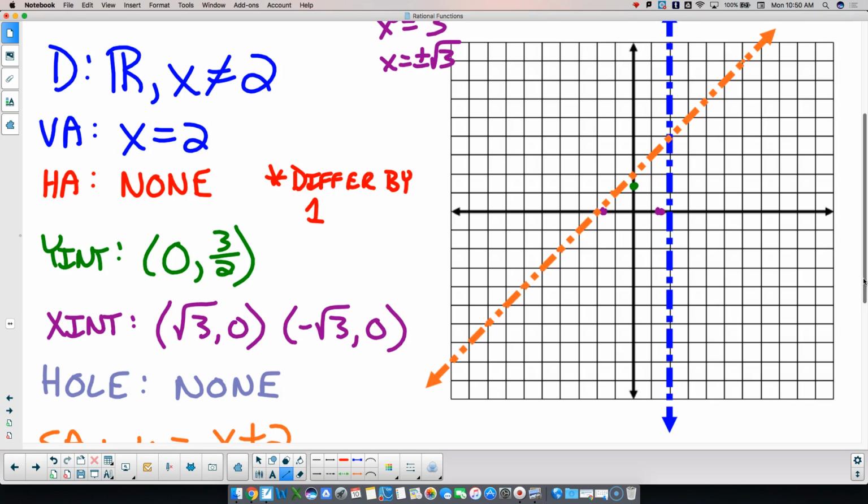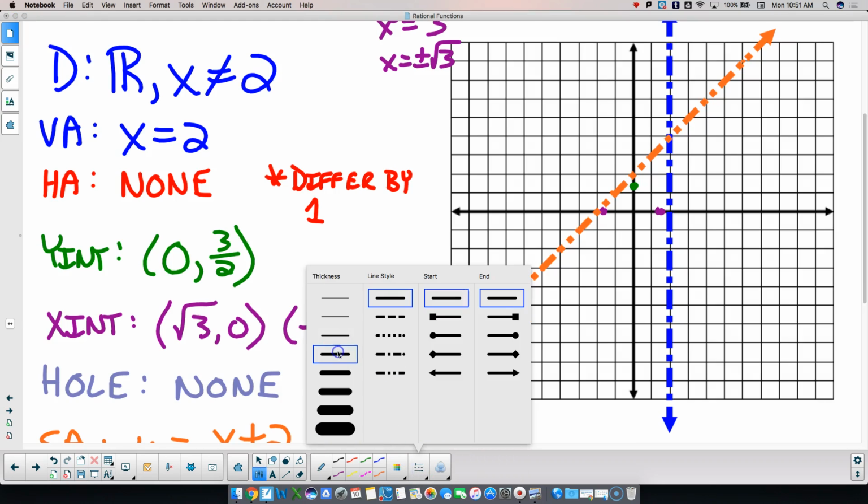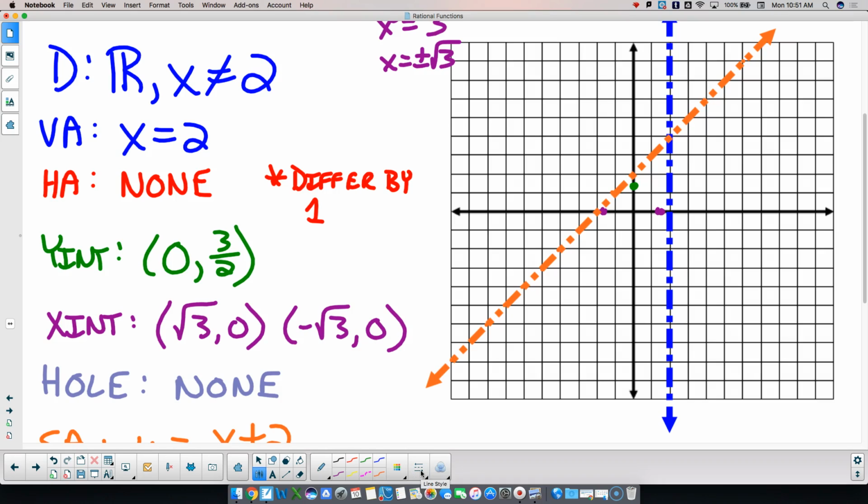So the left side of my vertical asymptote, the function looks like that. Do I need to do a T-chart over there? No, already got it, right? Now let's go over to this side and do a little T-chart action.